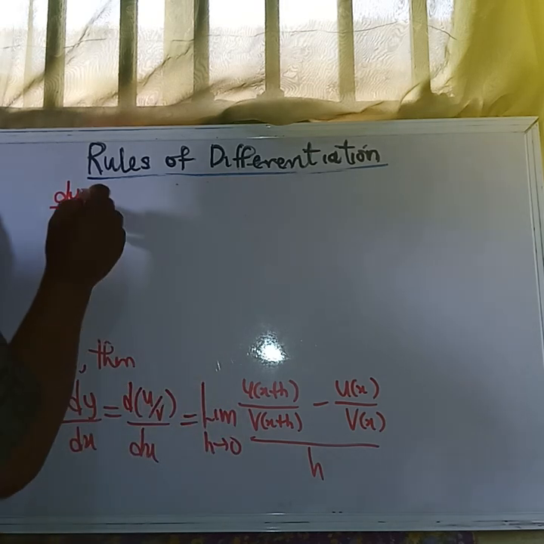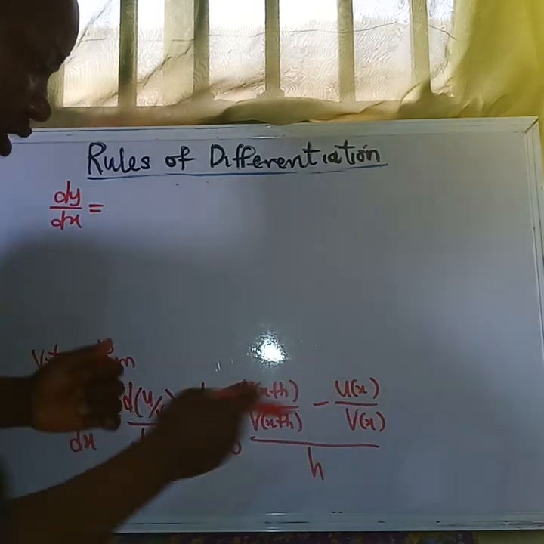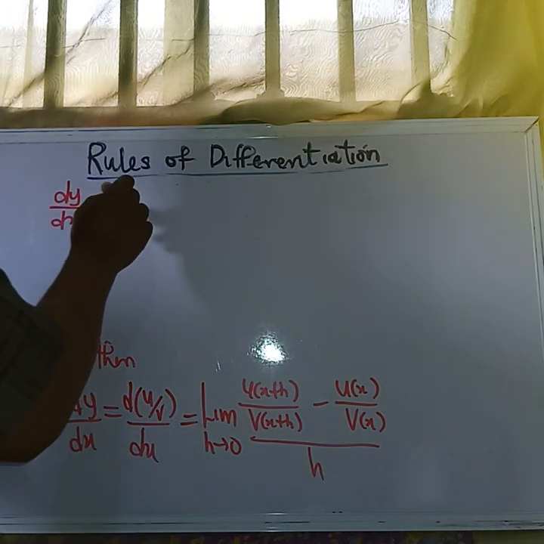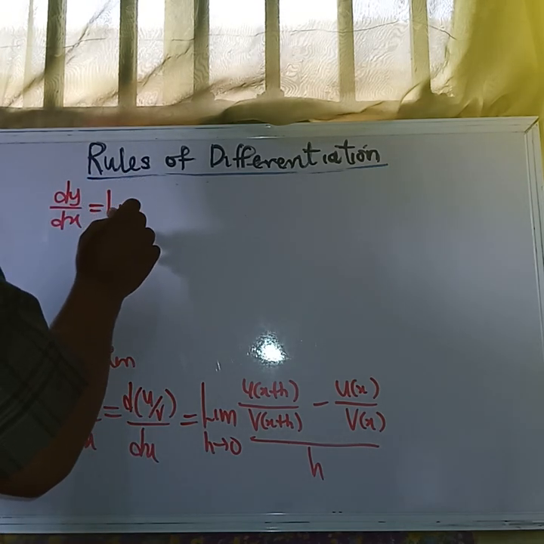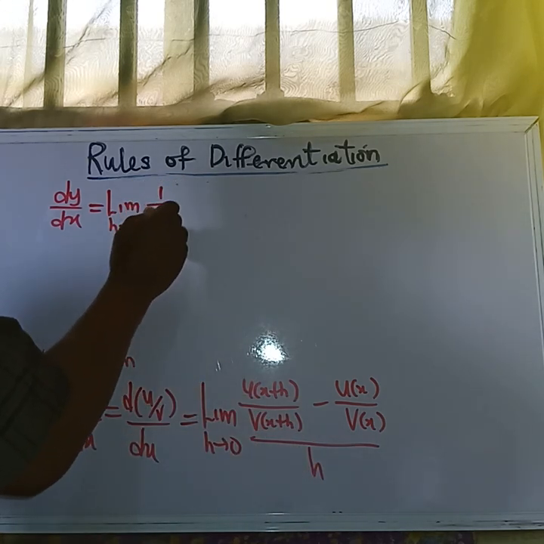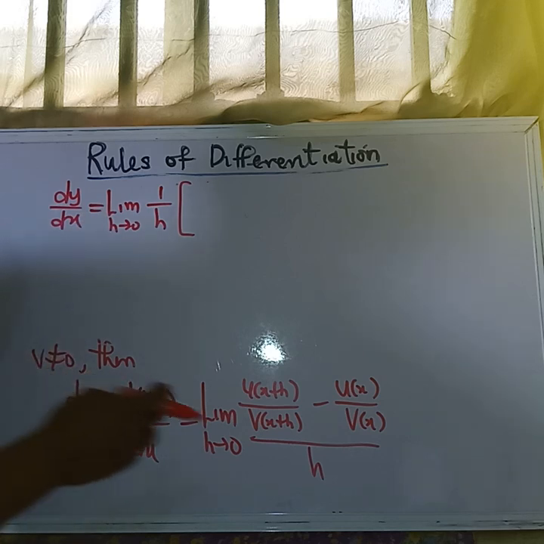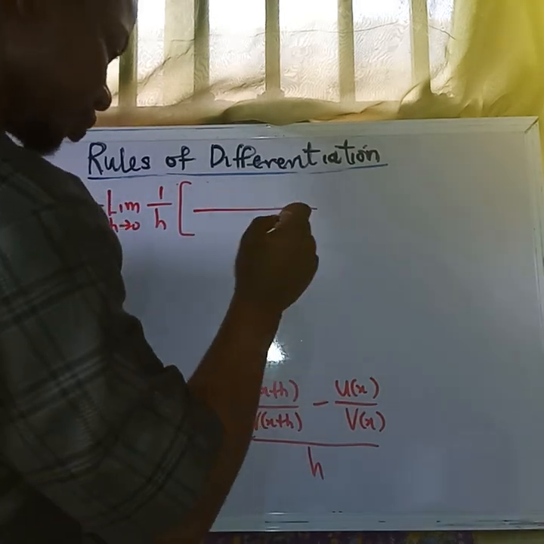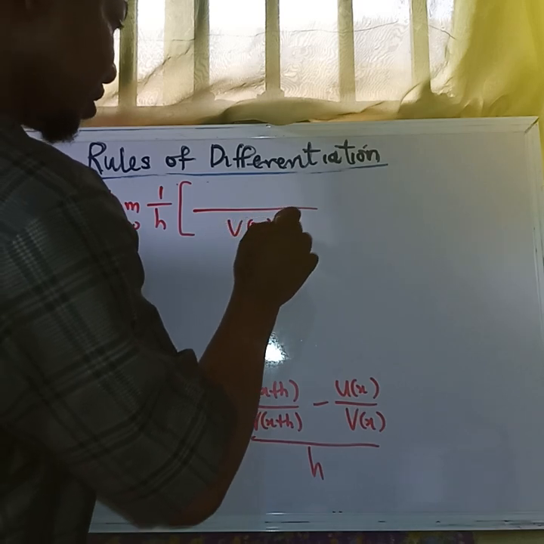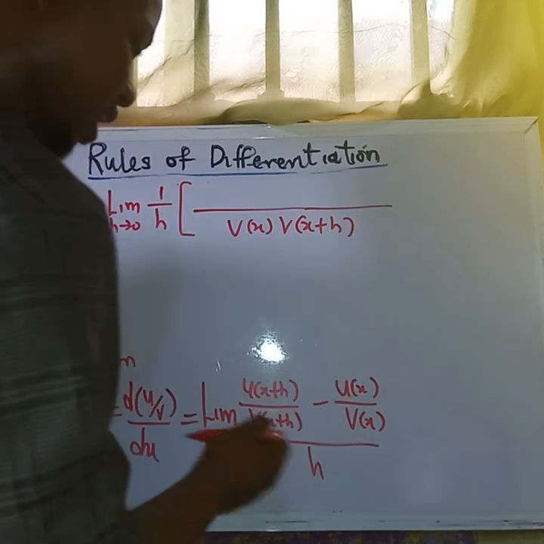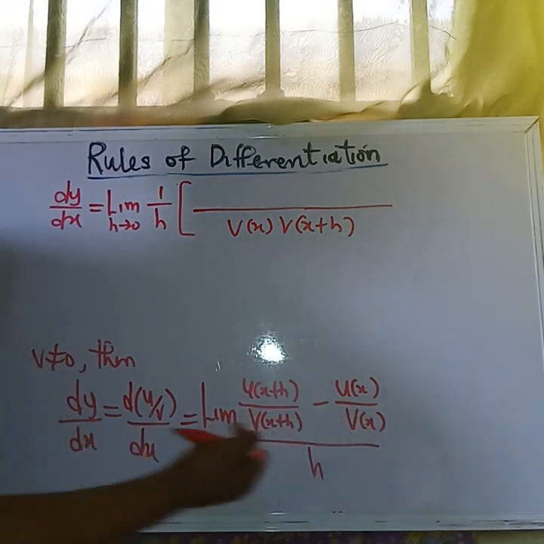From here, you can find the sum of the two terms in the denominator, and then we can factor this 1 over h out now to have something like this. The LCM of these will be v of x multiplied by v of x plus h.